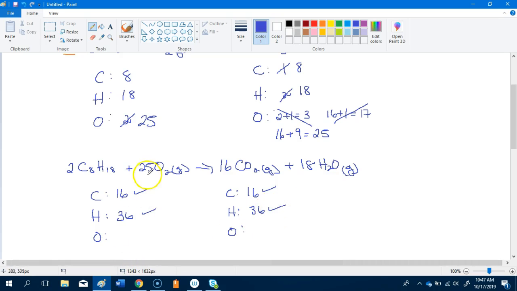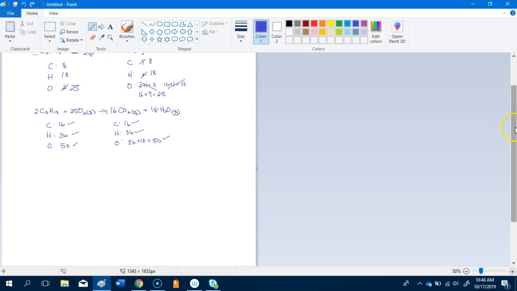So that's okay. And then my oxygens, I have 25 times 2, which is 50 atoms of oxygen on my reactant side. And then 16 times 2 gives me 32, and then 18 times 1 gives me 18 oxygens, and altogether that is 50, and the equation is now balanced.